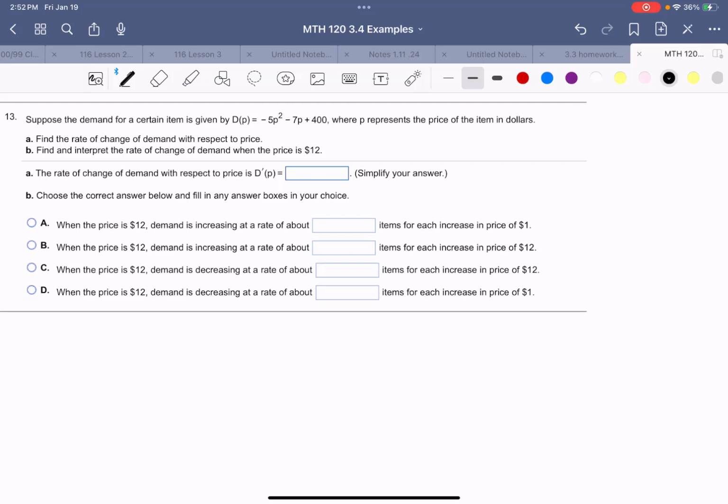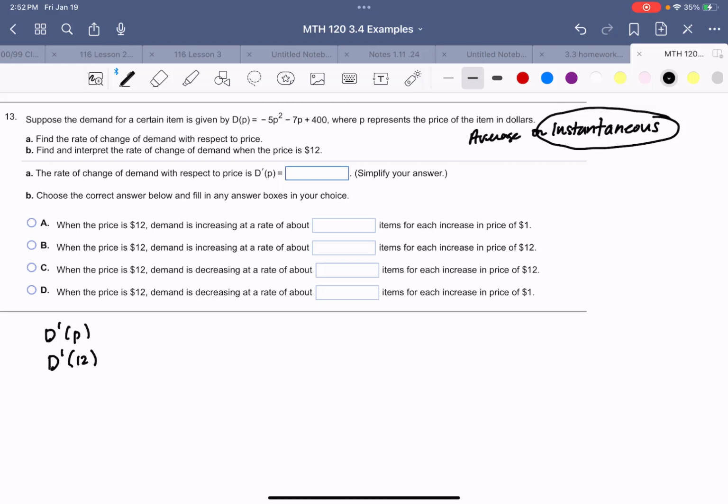Now, you'll notice they don't say average or instantaneous. So when they don't say either one of those, they mean instantaneous. So we've got to find the derivative, D prime of P, and then we have to find D prime of 12.